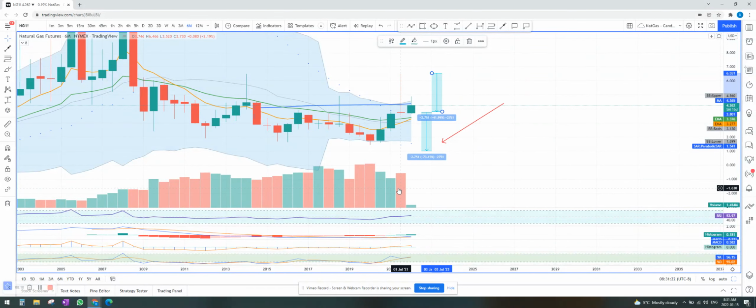However, I would like to note that the gravestone doji was made on a higher volume than the previous green candles, so the chances that price moves down are somewhat higher. We should also consider the Bollinger Bands here, and they might be the stopping boundary for the move. The Bollinger Bands are at about 1.7. This is something that we will remember.